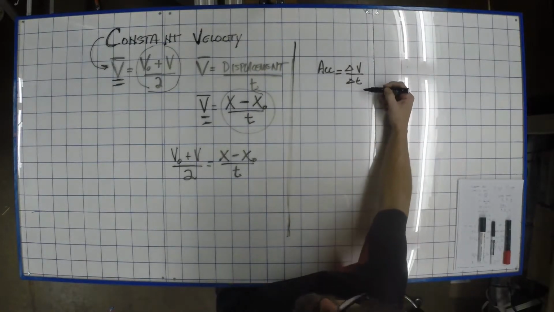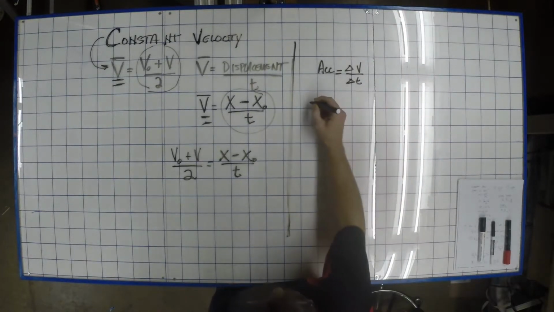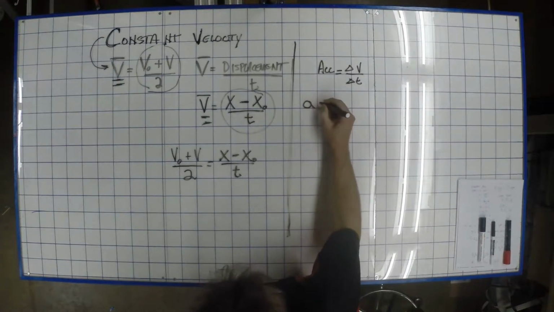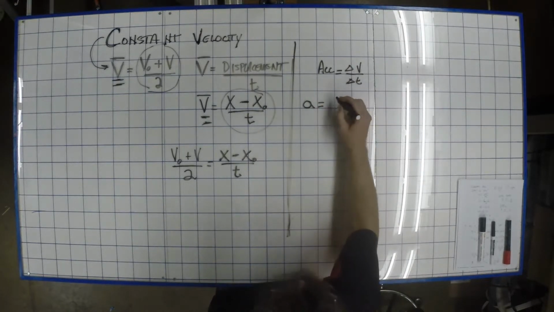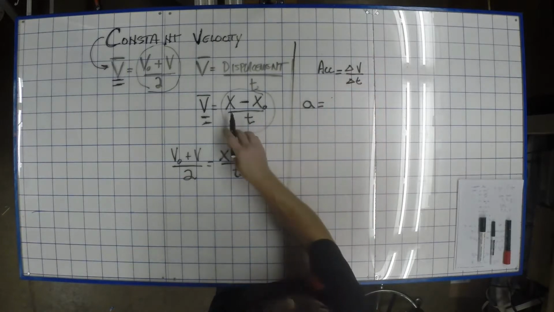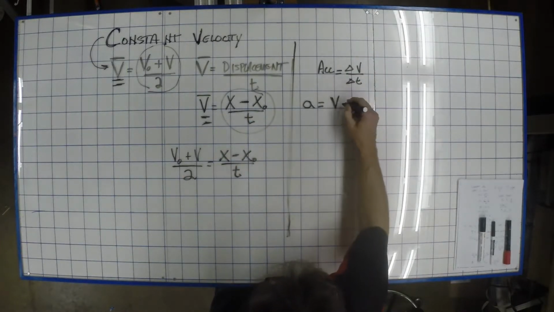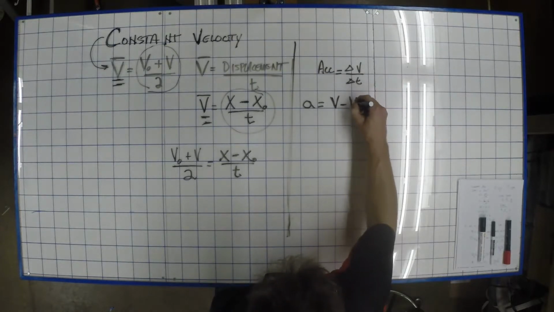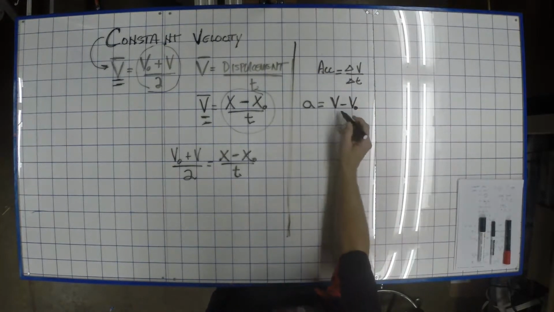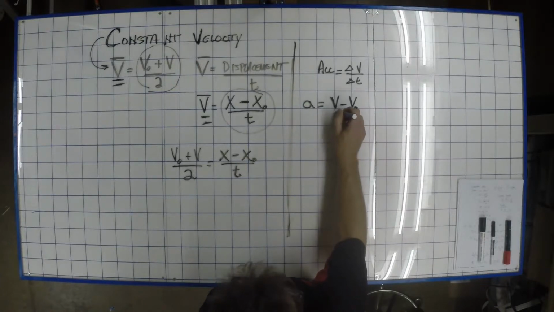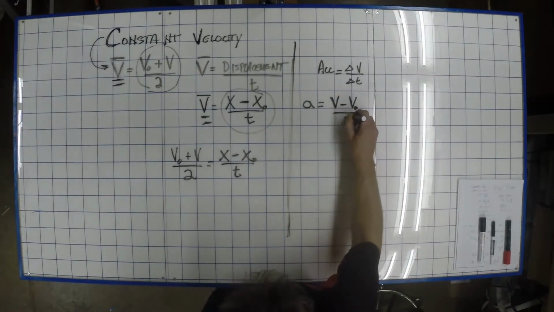This is your acceleration. That means acceleration is equal to the change in velocity. Anytime you see change in, it's a final minus initial. So it's your velocity later on minus what it was at the beginning, final minus initial, divided by the time it takes.